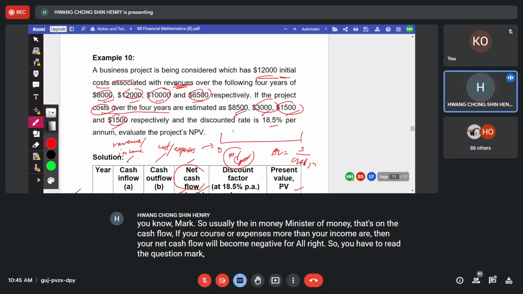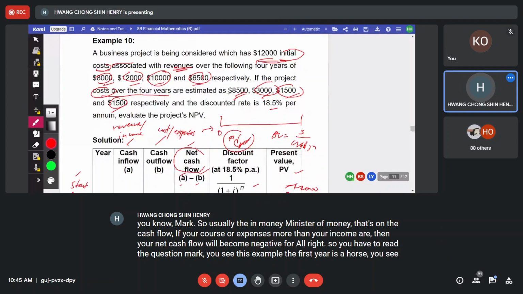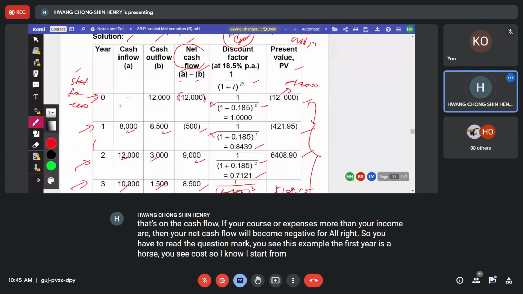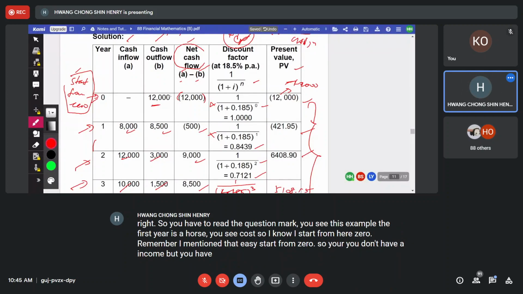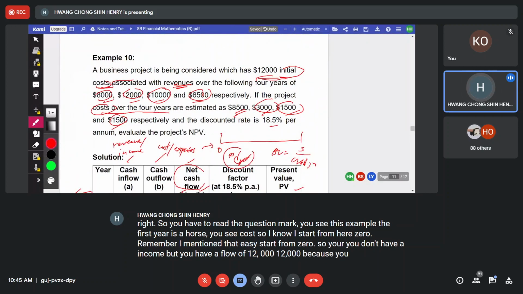You see this example. The first year is cost. I know I start from year 0. Remember, I mentioned that, start from 0. So you don't have an income, but you have an outflow of 12,000, because it's a year cost.